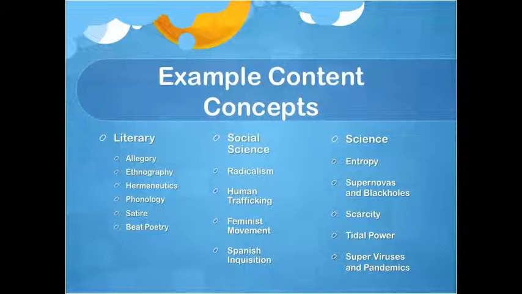Science includes concepts around rules like entropy, innovative sources of science like green technologies, and concepts like scarcity that could be explored in a variety of ways like human resources or how an ecosystem functions. The social sciences see movements, modern day events and challenges, and time periods.